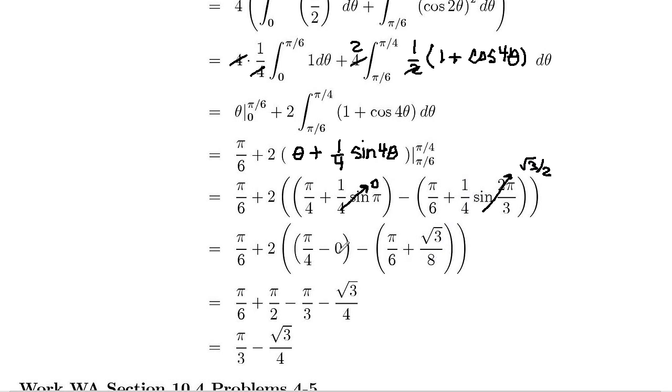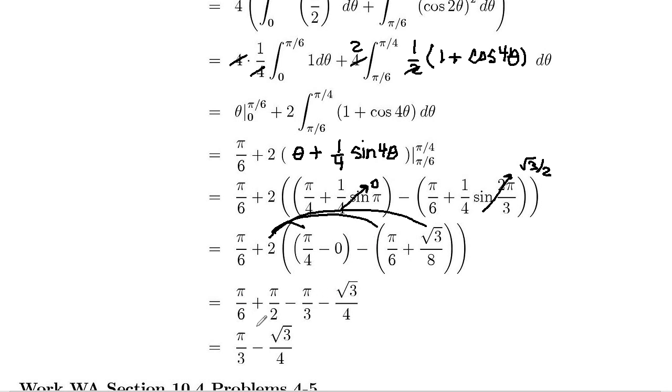So we don't need the 0. Remove all the parentheses so that the sign distributes: negative pi over 6 and negative root 3 over 8. And then that gets multiplied by 2. So this pi over 6 is right here. 2 times pi over 4, pi over 2 there. 2 times pi over 6, so I'm doing this. 2 times pi over 6 negative is negative pi over 3. 2 times root 3 over 8 is root 3 over 4, and the minus sign distributes.